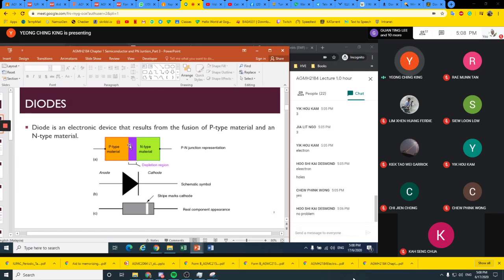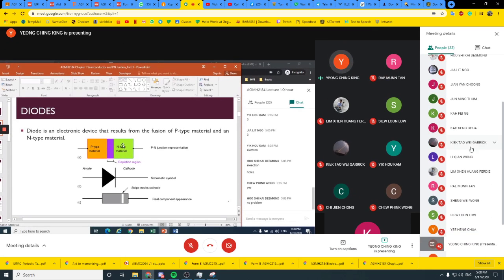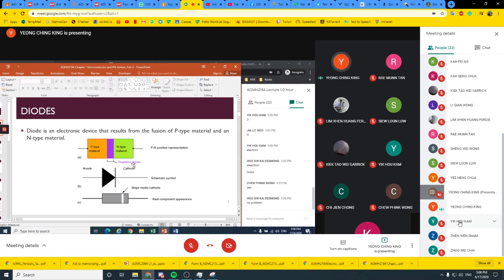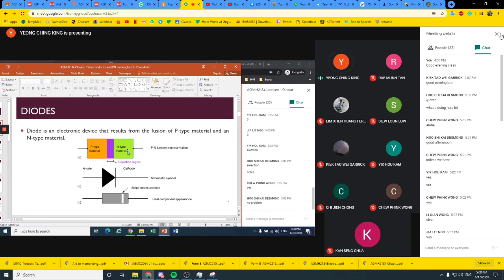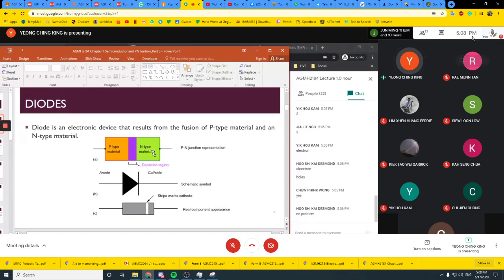Then it forms a p-n junction. This one is to show the material used. So you must use a p-type material and an n-type material to form a p-n junction. Therefore, inside the p-type and n-type, you have the holes and electrons so that they can flow when this diode is connected to a potential difference.